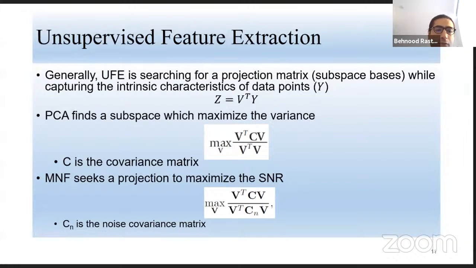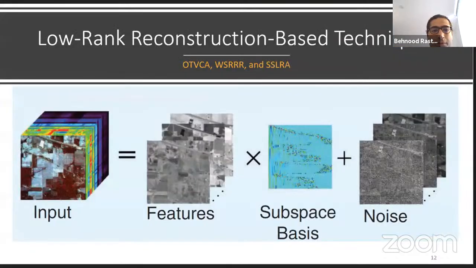And for NMF, a projection to maximize the signal-to-noise ratio, where CN is the noise covariance matrix. And when you have your subspace basis, then you can project your data into the subspace.